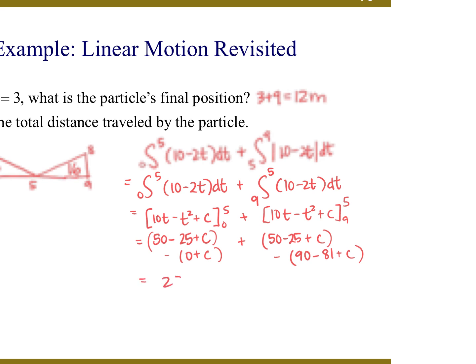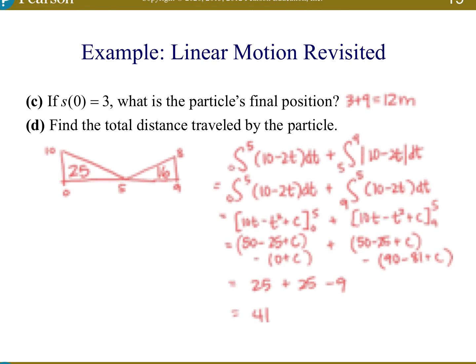So I'm going to get 25 plus 25 minus 9. Still equals 41, the same way I did the other way. So even just looking at it, you're like, geometry easier in this one. But play to your strengths, whatever your strengths are.